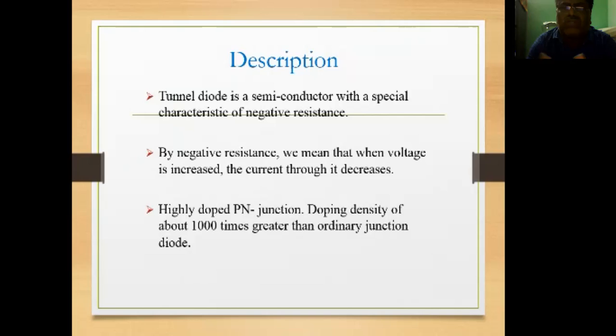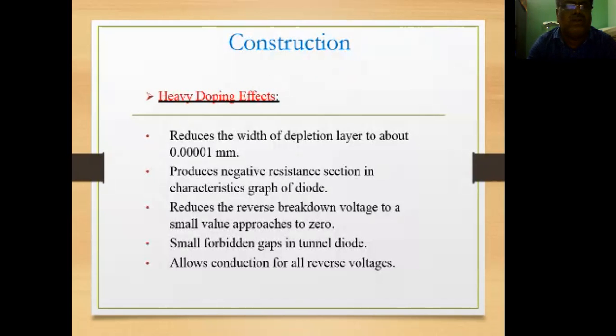Under reverse bias, you apply high voltage but the current is very small. It is a heavily doped PN junction, with doping density about 1000 times greater than an ordinary junction diode. Heavy doping reduces the width of the depletion layer to about 0.0001 millimeters.